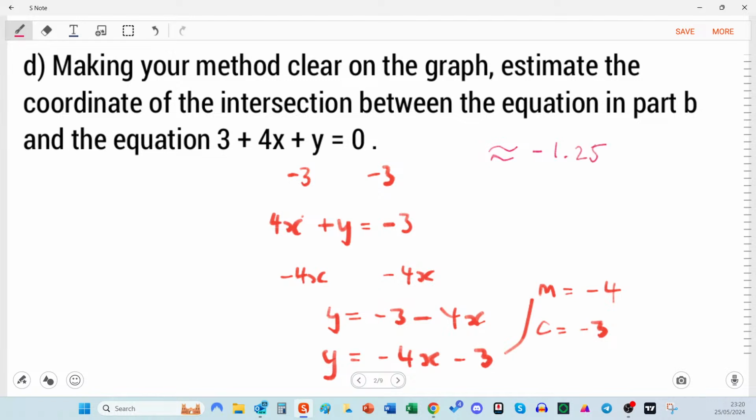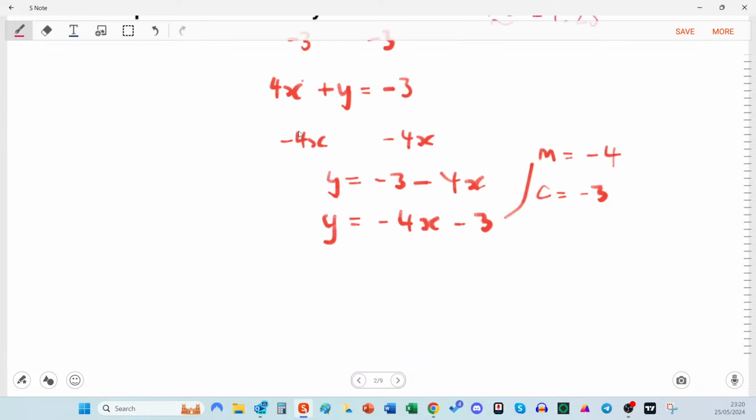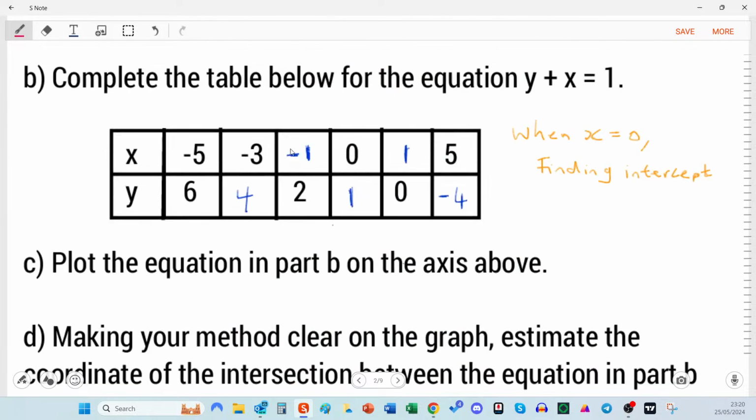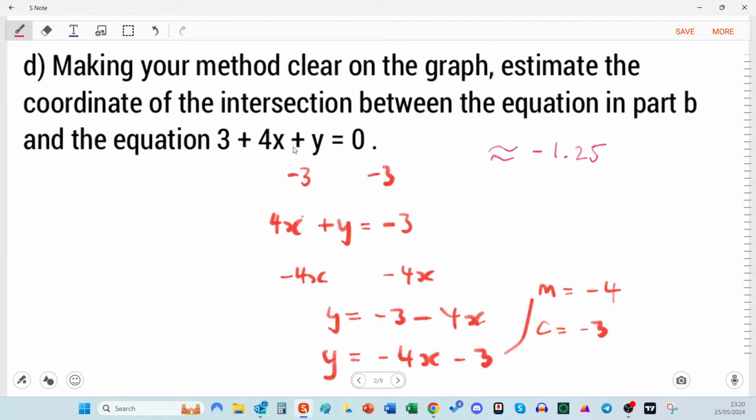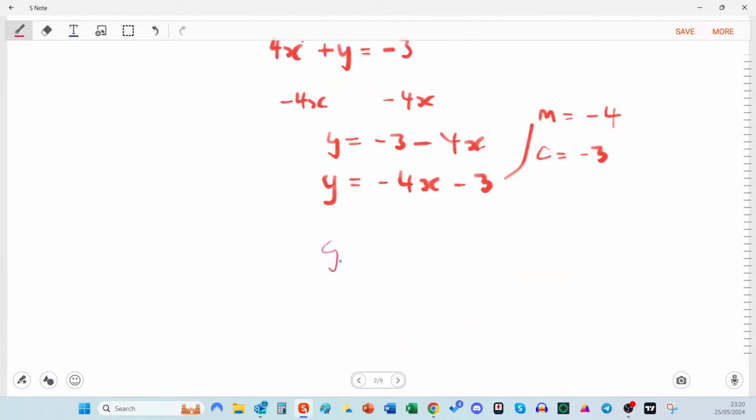Now we can find this exactly if we just put the two graphs equal. That's not what they're asking us to do, but if we've got y plus x equals 1, that's y equals 1 minus x. We could put them together: 1 minus x equals minus 4x minus 3.